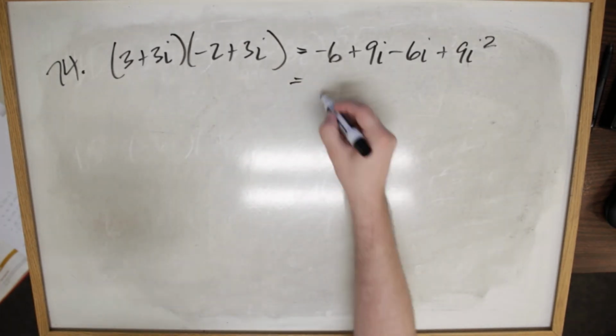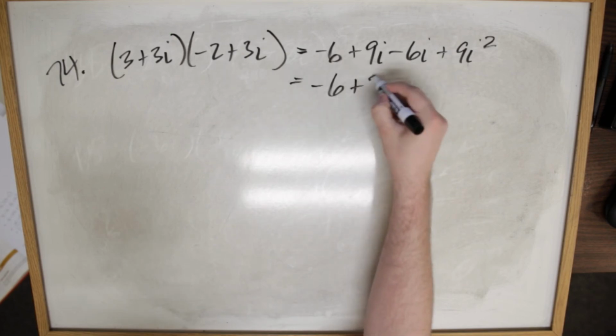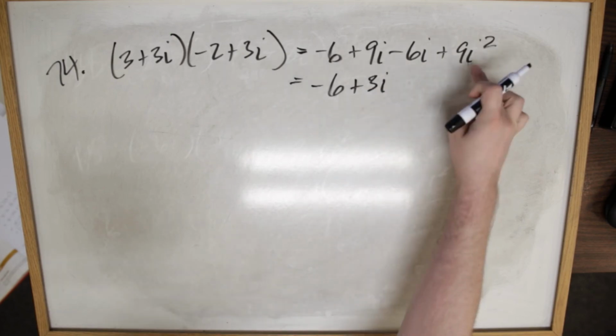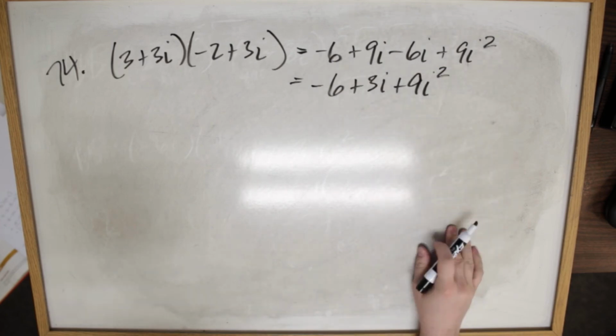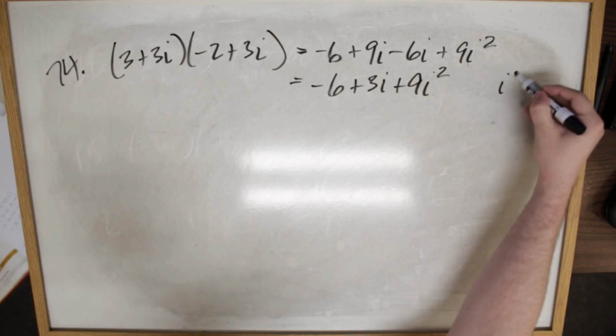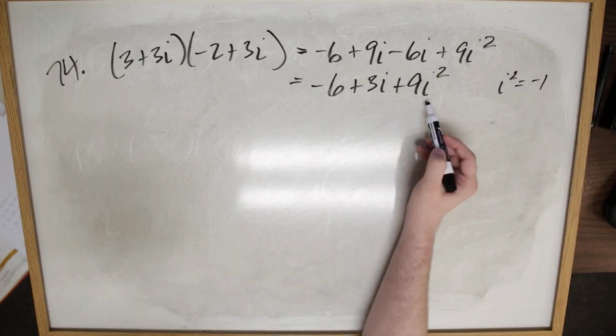All right, so this is going to be a minus 6 plus 9i minus 6i is a plus 3i. And then I've got the funny looking 9i squared. Remember, i squared is equal to a minus 1, so we can make the substitution here.